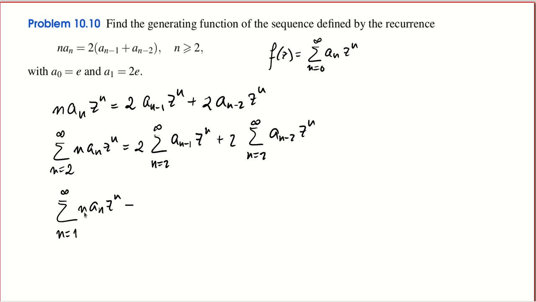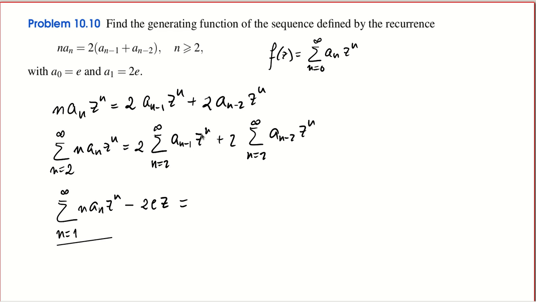The first term is just 1 times a_1 times z, and a_1 is equal to 2e, so we have 2e times z here. All right, so that's what we have in this previous sum, and now we have this sum that we have to interpret.